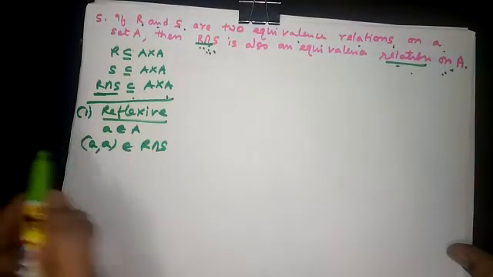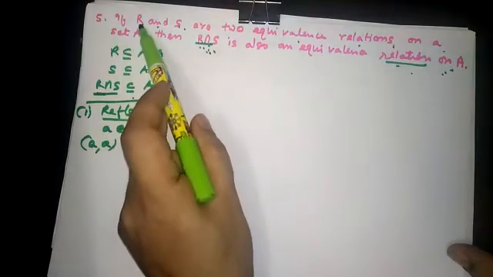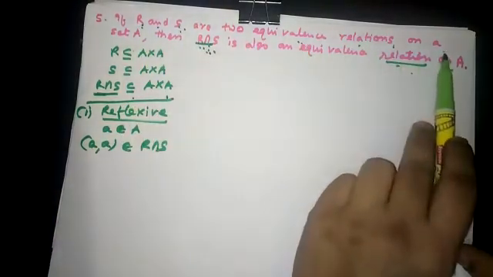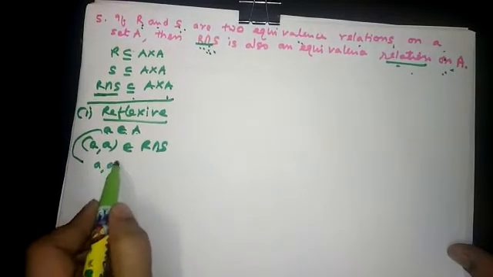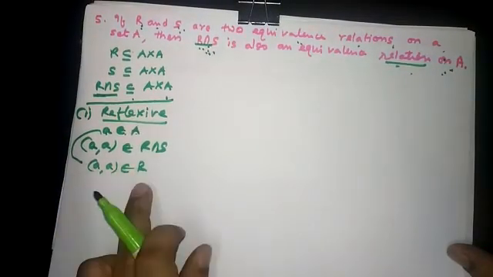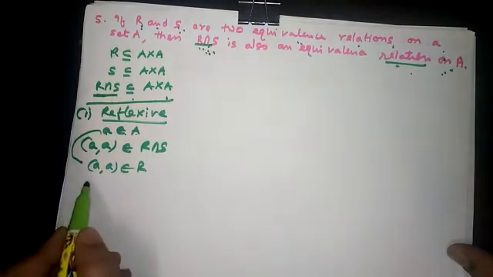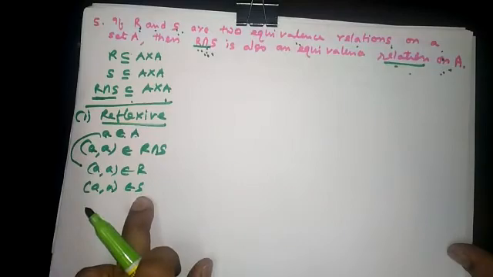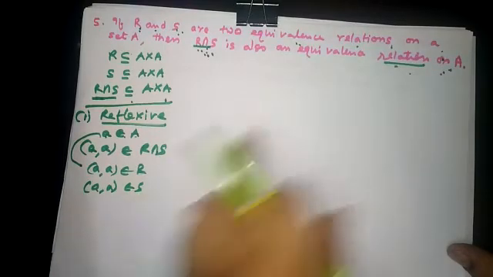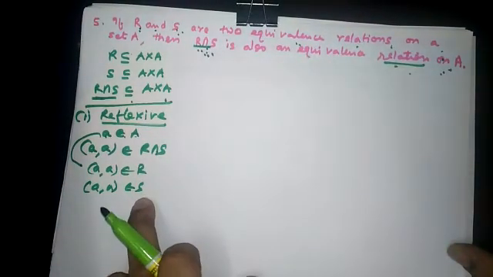Correct? Now, recall, R and S are two equivalence relations. This means for all a belongs to A, I can always write (a, a) belongs to R because R is reflexive. Also, (a, a) belongs to S because S is an equivalence relation, so S has to be reflexive also.